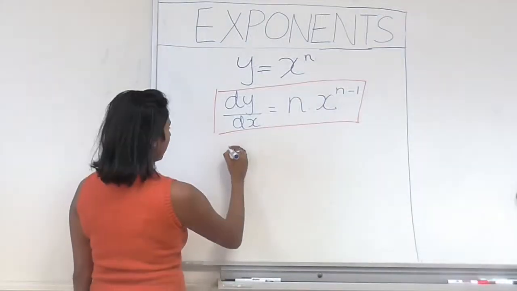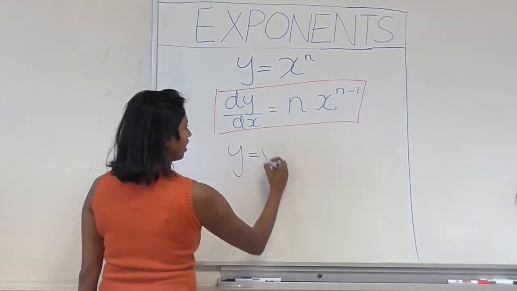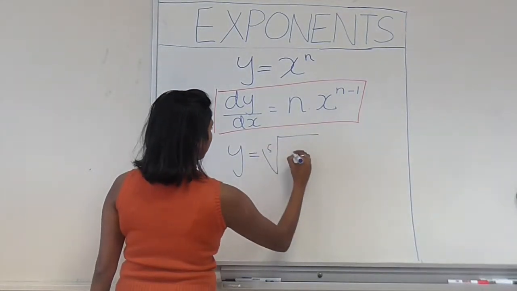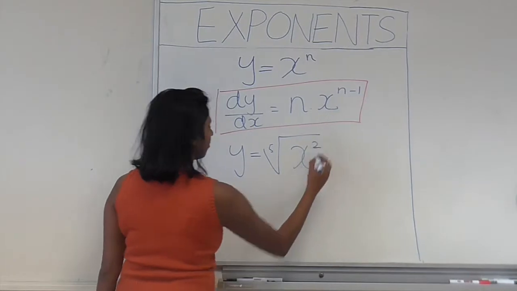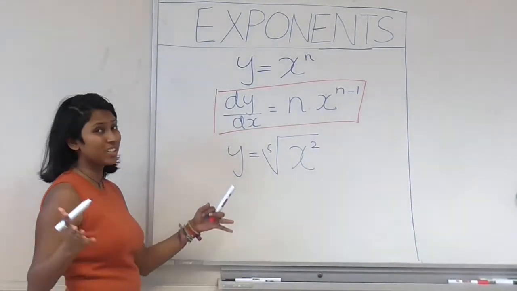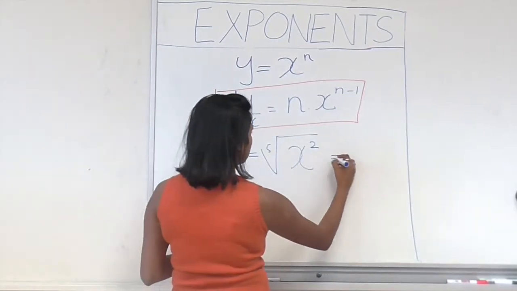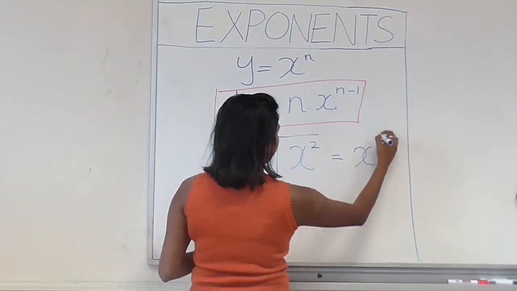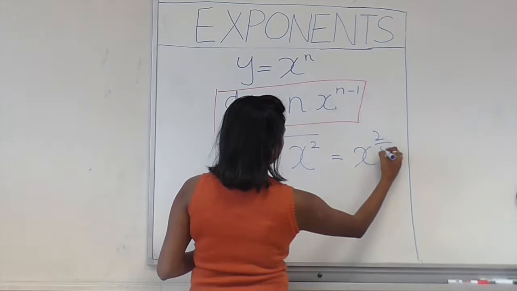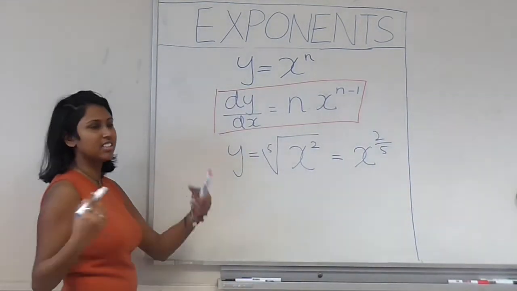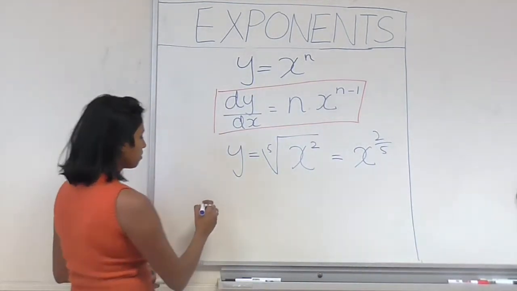So if we have y equals the fifth root of x squared, the first thing we want to do is make it look a little less scary and write it as an exponent. So it would be x to the power 2 over 5. And then again, it's the same thing that we did in the previous example.